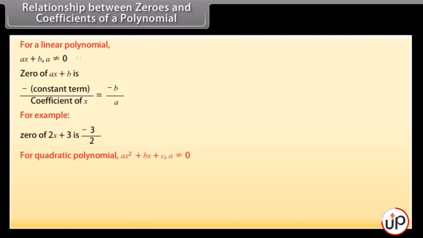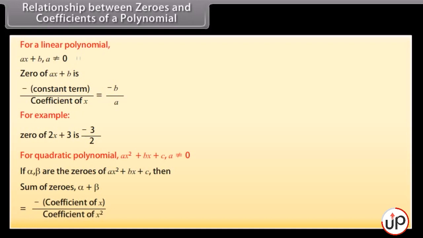For quadratic polynomial, ax square plus bx plus c, a is not equal to 0. If alpha, beta are the zeros of ax square plus bx plus c, then sum of zeros, alpha plus beta, is equal to minus coefficient of x upon coefficient of x square, which equals minus b upon a.